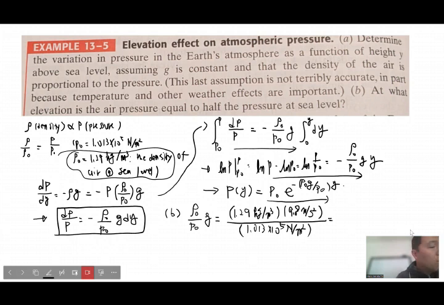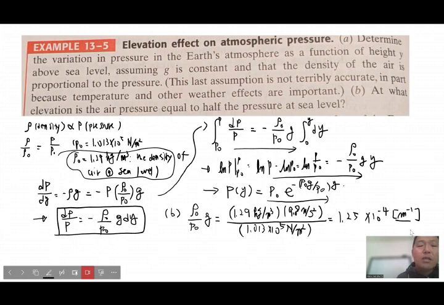If you plug all the numbers into the formula, that should be 1.25 times 10 to the minus 4 inverse meter.